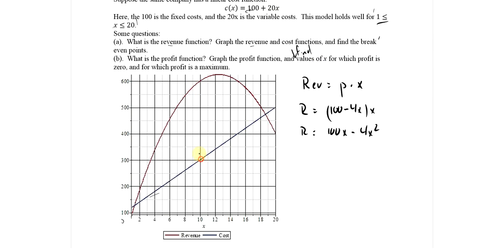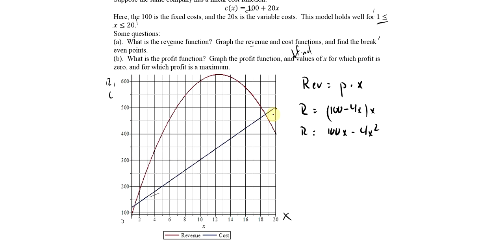At a particular value, say 10, I have a revenue of 600, I have a cost of 300, right? If the quantity is 20, this is X on this axis, and revenue and cost on that one, all in dollars. If I'm making 20, then my cost is around 500, but my revenue is about 400.